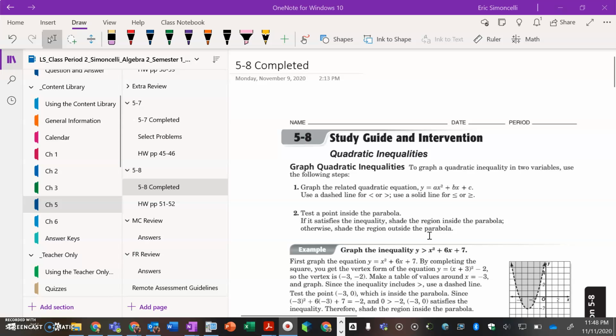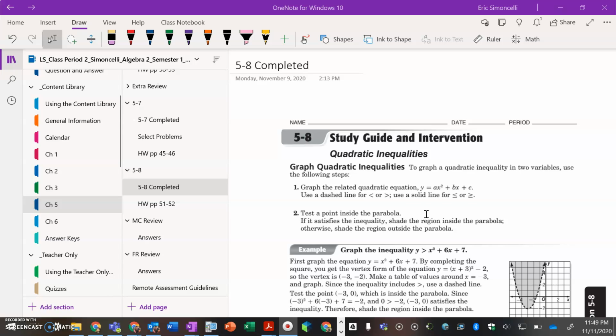We'll also take a look and see how, when we graph parabolas, and if the inequality is less than versus greater than, or less than or equal to versus greater than or equal to, we could devise a plan wherein maybe we don't necessarily have to use a test point. We could just go through and see, okay, if the parabola opens up and it's a greater than, for example, we'll shade above or inside the parabola.